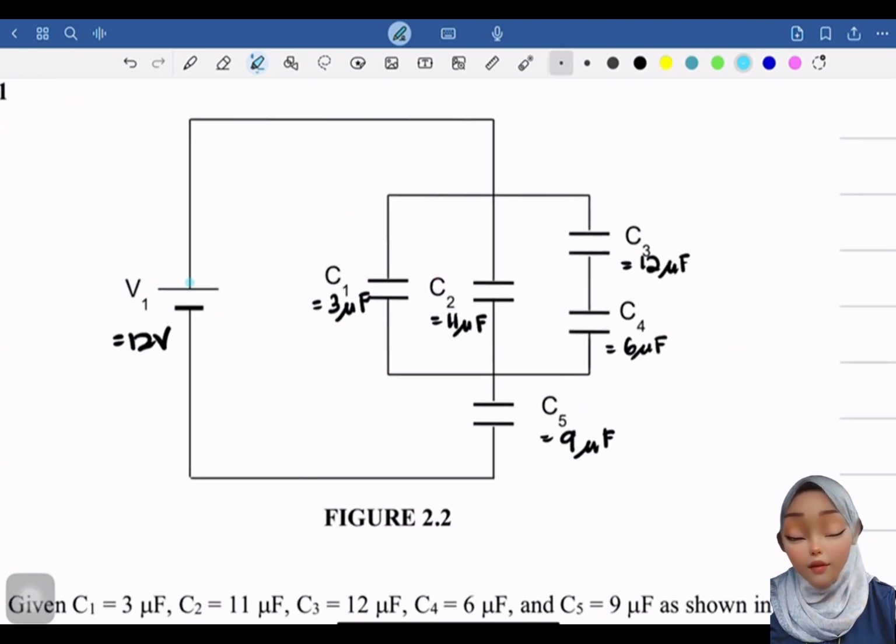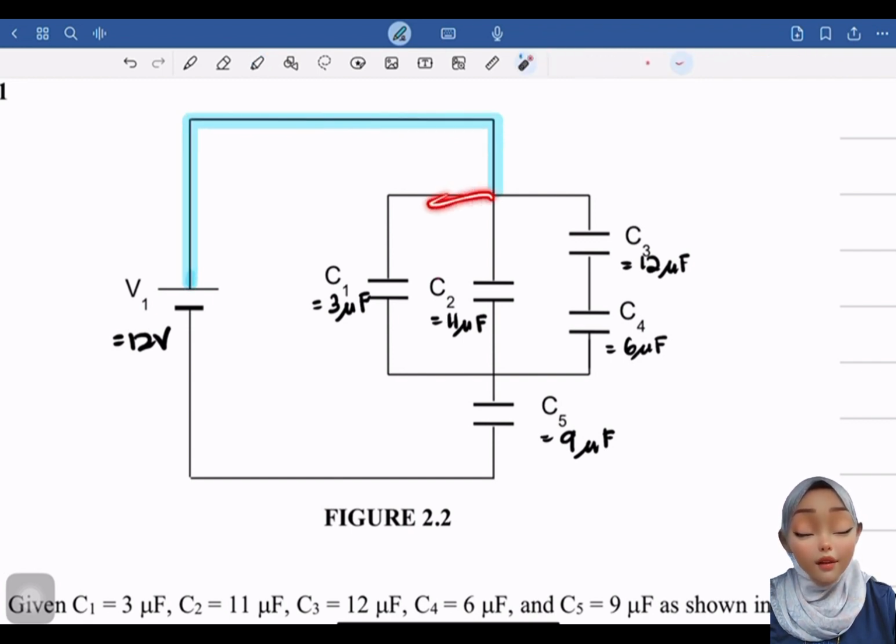So what we have here, we have the main river, because I'm starting from the positive terminal of the potential difference. Now it is then divided into three smaller rivers, like that. So I'm going to put it here, smaller river.